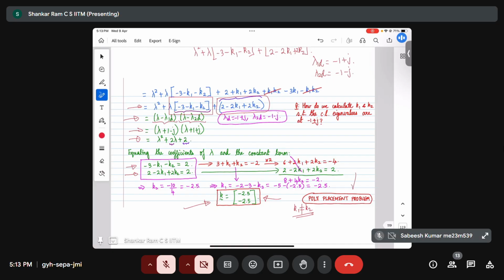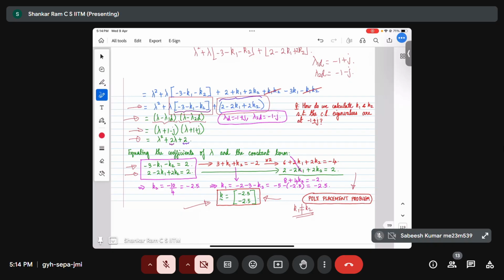And some people will also call this problem the pole placement problem, because poles and eigenvalues are used interchangeably. So these are all jargons, right? When we talk about poles, you and I will immediately think of the transfer function representation.